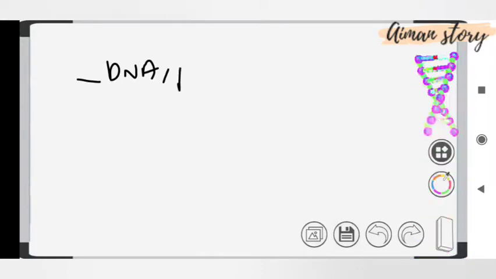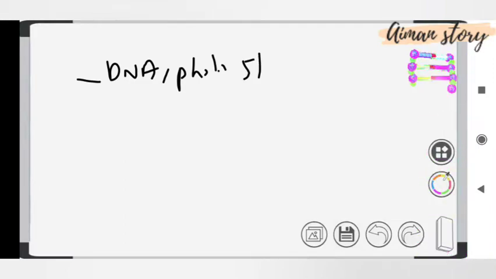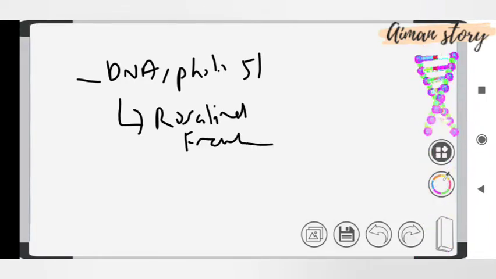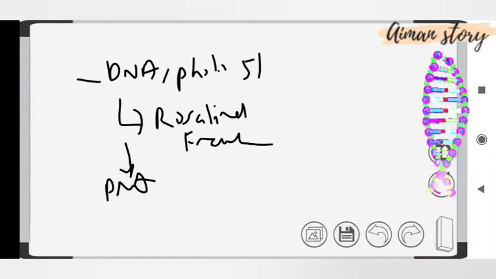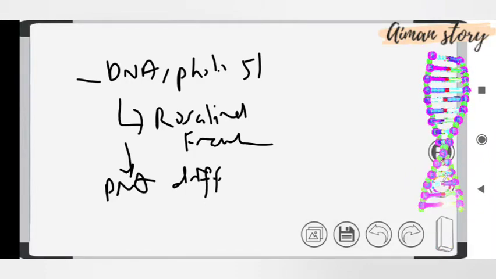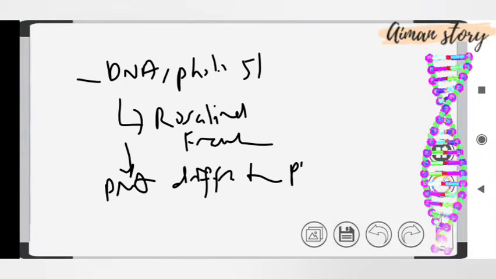So this DNA research started based on the discovery of the DNA photograph called Photo 51, which was discovered by Rosalind Franklin using the DNA diffraction pattern.